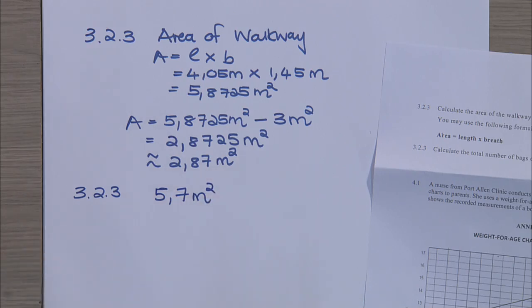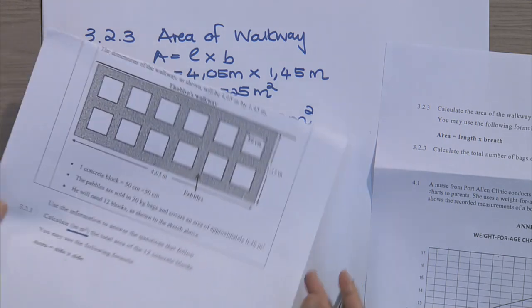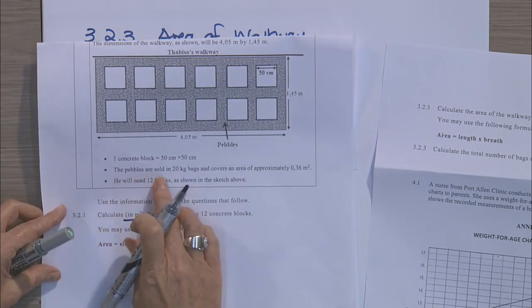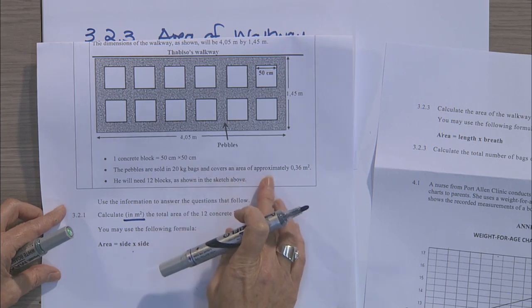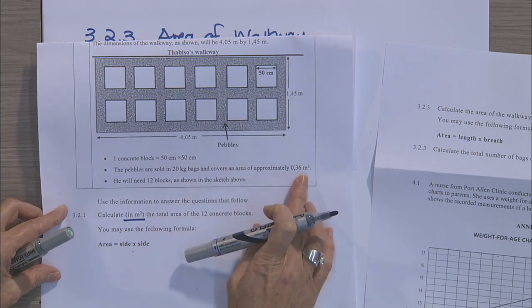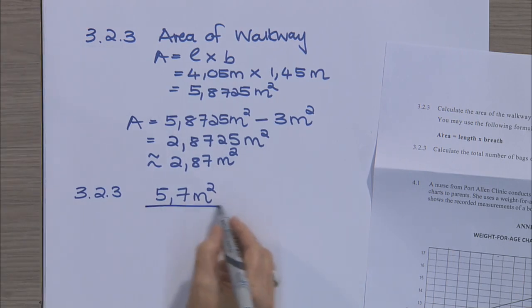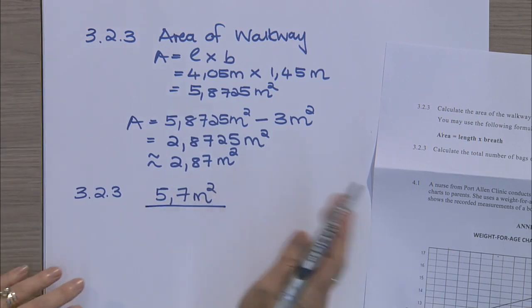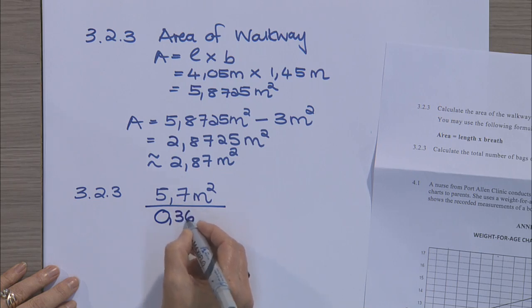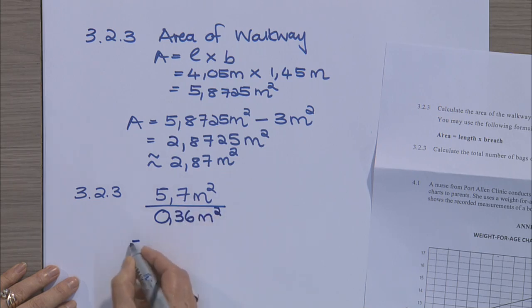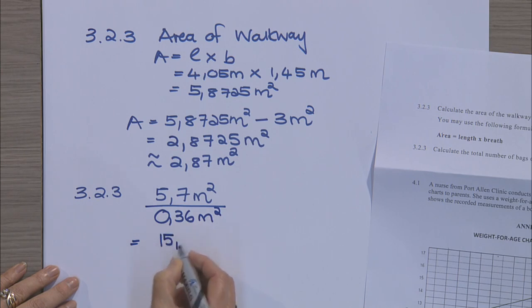So in our introduction, they said the pebbles are sold in 20 kilogram bags and covers an area of approximately 0.36 meters squared. So then we are going to take the 5.7 meters squared that was provided and divide it by 0.36, that's the coverage. This answer is 15.8.